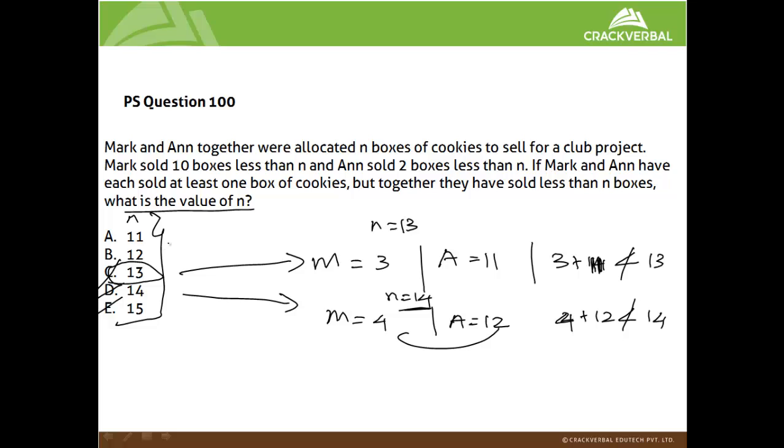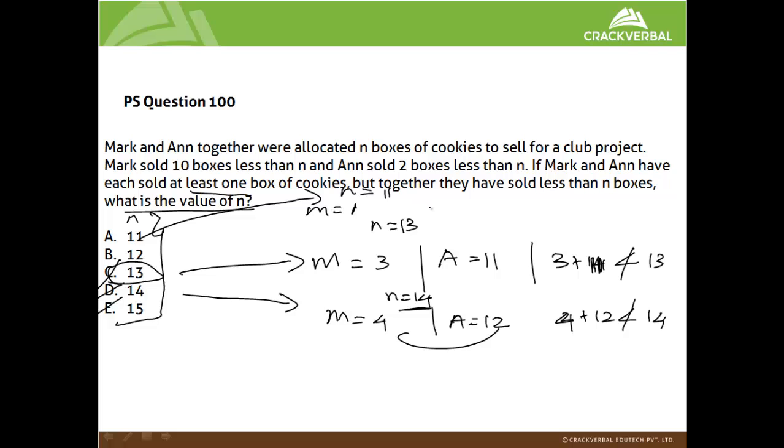It has to be either 11 or 12. So out of 11 or 12, try answer choice 11 now. If n is equal to 11, then Mark sold 10 boxes less, so m is equal to 1, and it also matches the condition that Mark and Anne have sold at least 1 box.